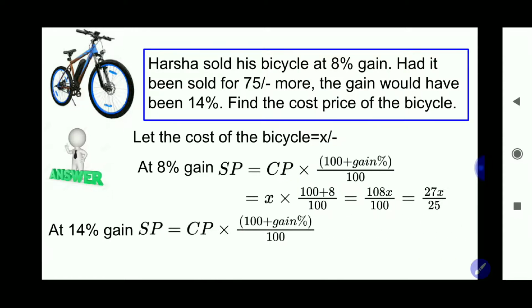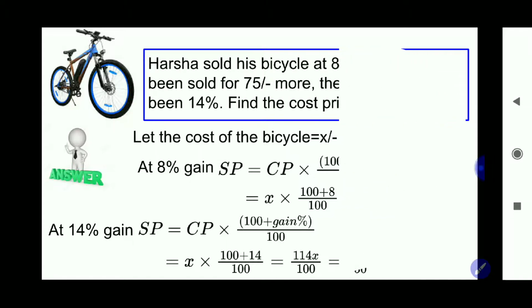Now, let us calculate for 14%. At 14% gain, the selling price is, formula same, CP into 100 plus gain percentage by 100. That is 114X by 100. By simplifying, 57X by 50.